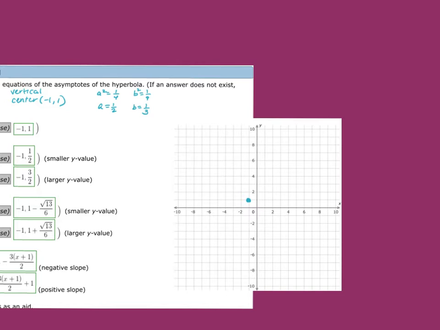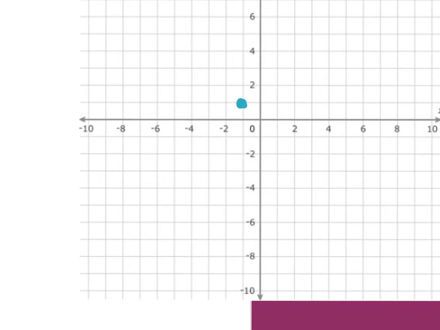So from there, there's your center, negative 1, 1, and then it's vertical, so I'm going to go up and down the a. The a is only a half, so I go up a half and down a half, and those are my vertices. They'd be negative 1, and then 1 plus 1/2, so 1.5, and negative 1 and 1 minus 1/2, so just 1/2.